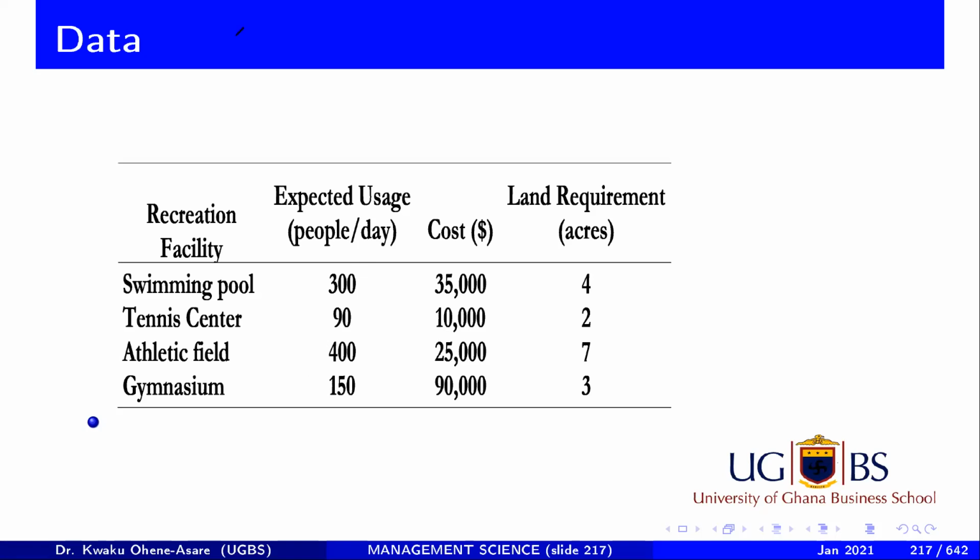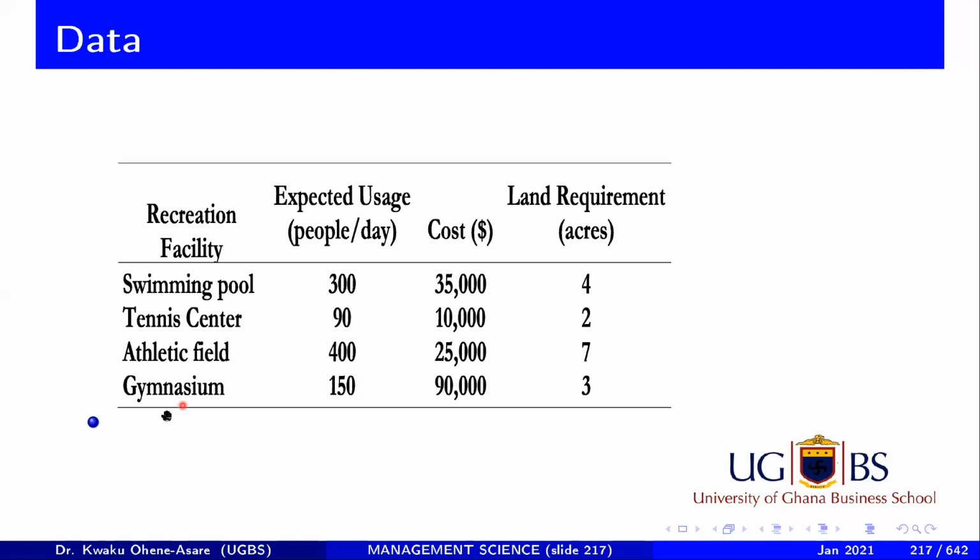Now, how much is it going to cost to construct a swimming pool? 35,000. And you will need 4 acres of land to do that.